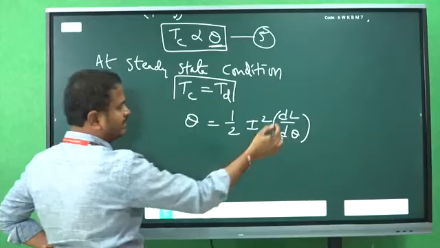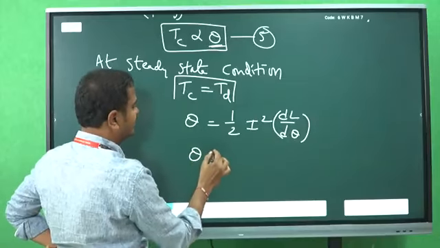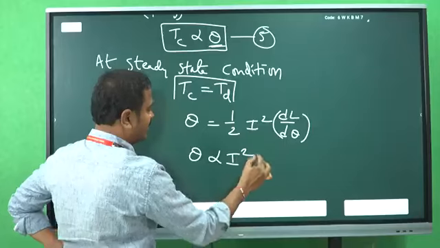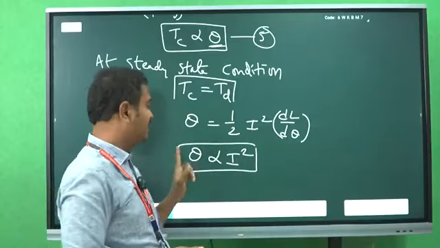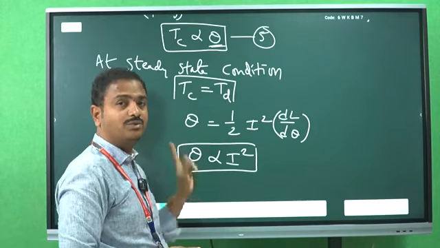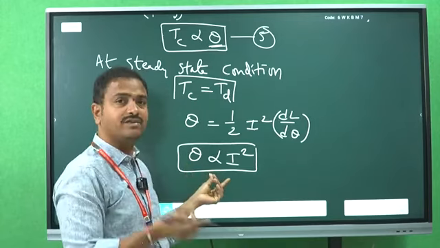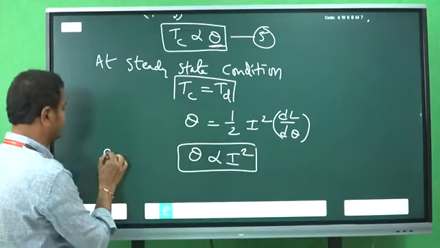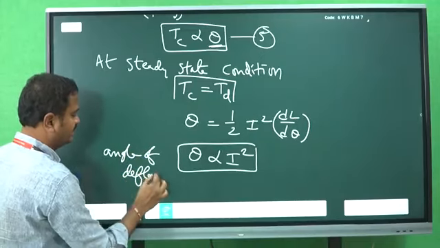Eliminating the constant change in inductance, theta is proportional to I square, right? In the PMMC instrument, the angle of deflection is proportional to I, but in MI instruments, the angle of deflection is proportional to the square of the current.